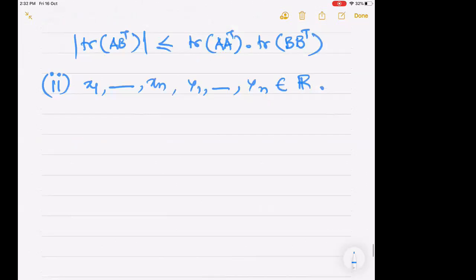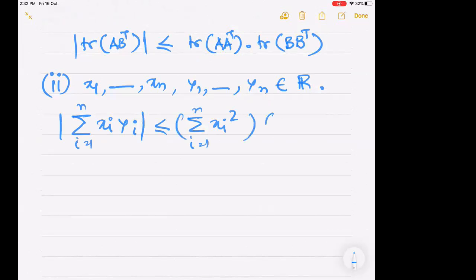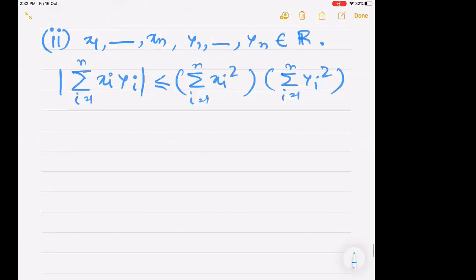Then you can actually prove that the magnitude of the summation of xi yi is less than or equal to the square root of summation xi squared times the square root of summation yi squared.